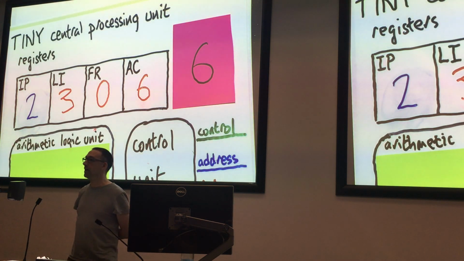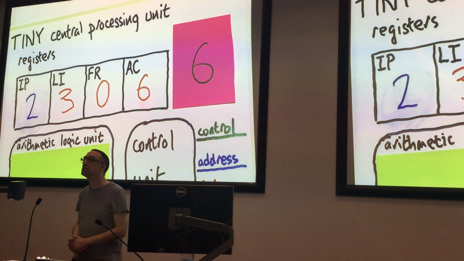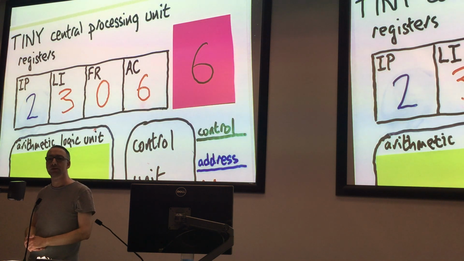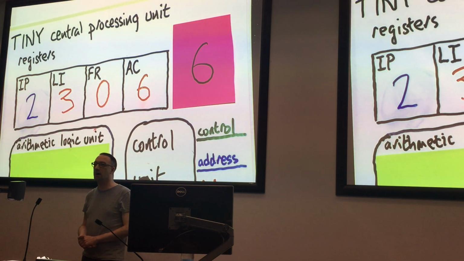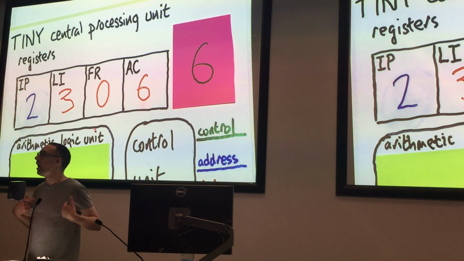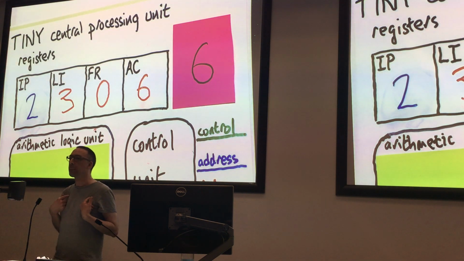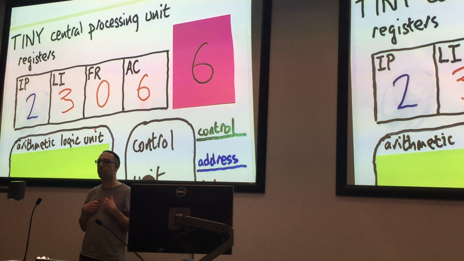Right, so what's going to happen, we've just loaded the loop index, right? So the loop index register is used to make a countdown. When we initialize the loop index with that value 3, that basically tells us, doesn't tell the computer, but it tells us, that we're going to go round a loop 3 times. We're going to count down the loop index until it reaches 0.